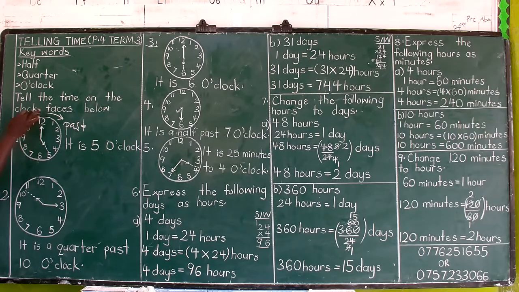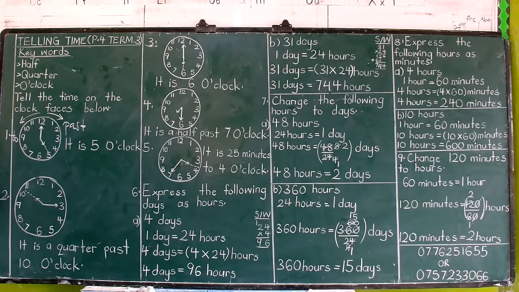Now, we are going to read the time, depending on where the minute hand is. The longer arm is the minute hand. The minute hand starts from 12 and moves like the clock moves, called clockwise.